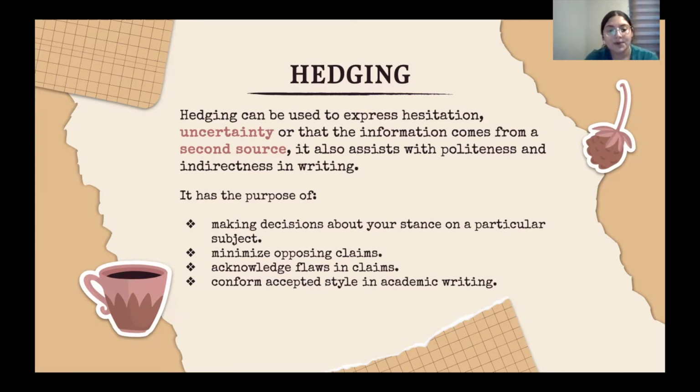Lastly, it has the purpose of conforming to accepted style in academic writing, and this means that the phrasing with the use of hedging will help us so the style is proper for an academic paper.